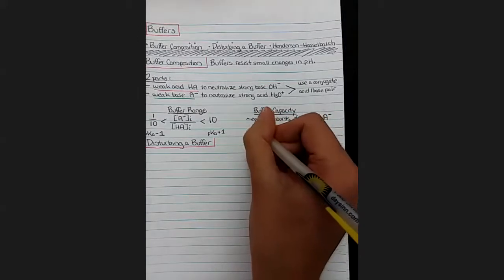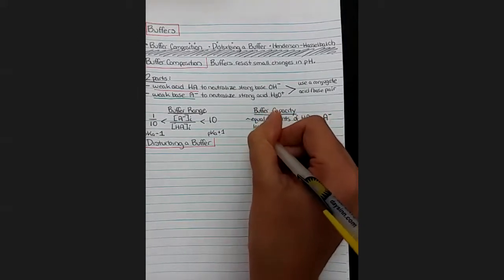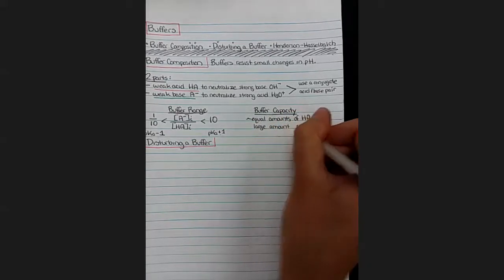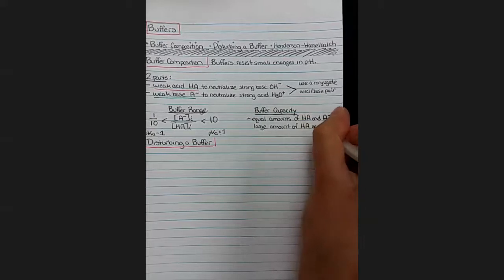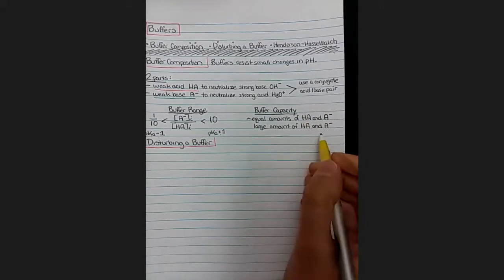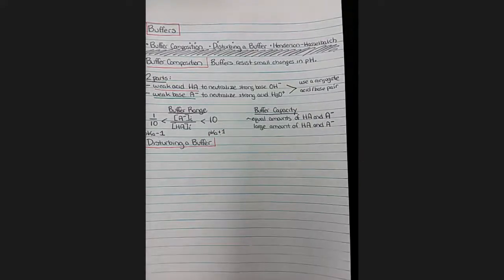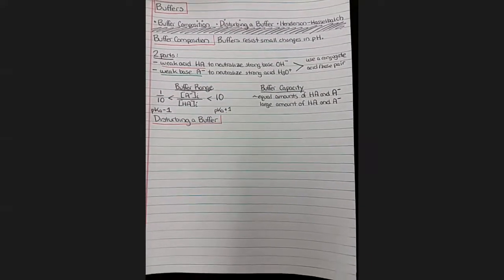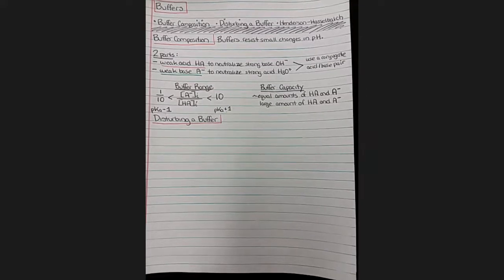We also want to have a relatively large amount of each. We want to have a concentrated buffer. The more concentrated our buffer components are, the more moles of strong acid and strong base we can resist. Okay, those are the basics. That's how to make a superhero, how to make a buffer.